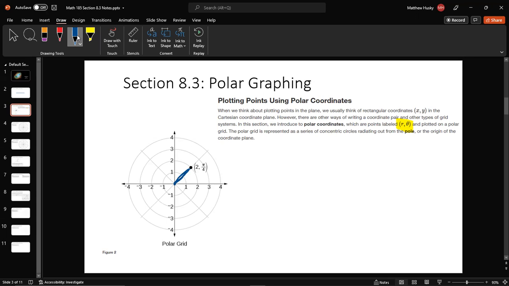And then the pi over 4 refers to the angle that you would have to spin from the positive x-axis, how far you would have to spin counterclockwise to reach that location. So this is kind of the gist, the general form of a polar coordinate, what it means and how it is found.